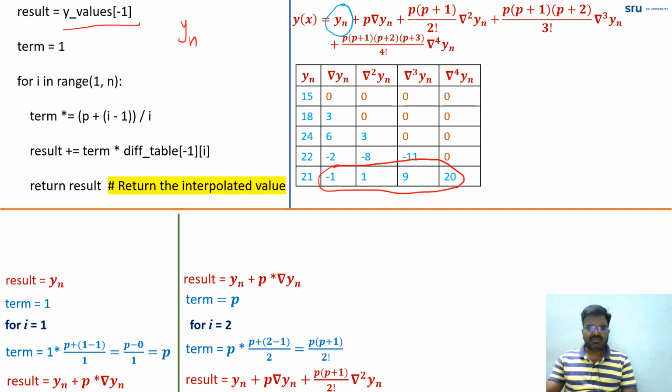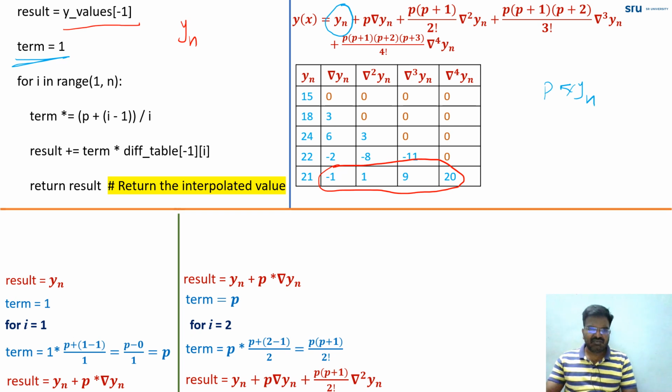Next, in every step we have to update the result by adding the next terms. See, what is our next term? P into first backward difference. To include this term, first I am starting the term with 1. By using one simple for loop, I have to update the term first, then the result.